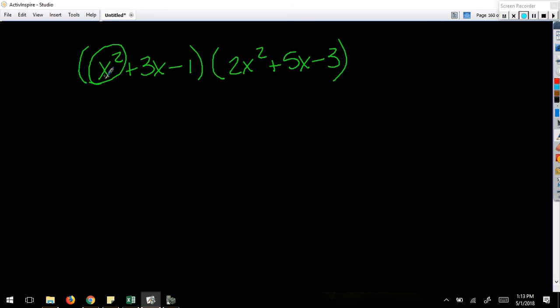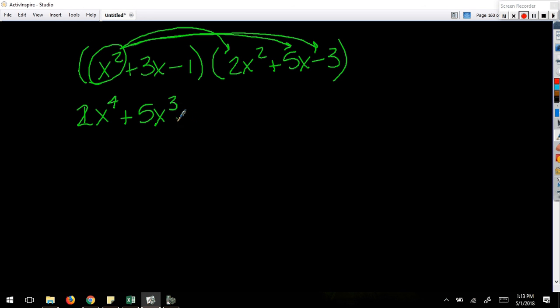I start with the first term, and I distribute through: x squared times 2x squared. Remember, multiply the numbers in front, add the exponents. x squared times 5x is 5x to the third. x squared times negative 3 is negative 3x squared. And I'm done with this one.